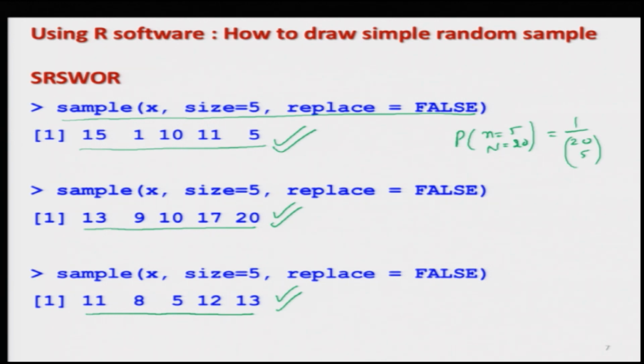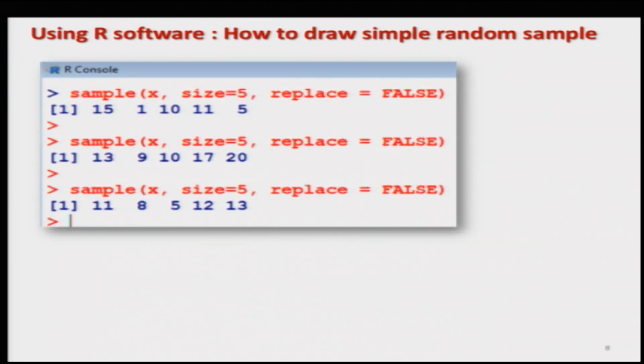So, using the same command I have generated 3 possible samples, and these are the screenshot. Now, what is my trouble? Up to now, whatever data I took while explaining the R commands, whatever I did at the time of preparation of the slides, the same outcome was available during the lecture.